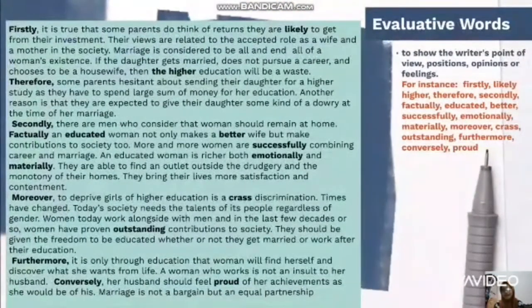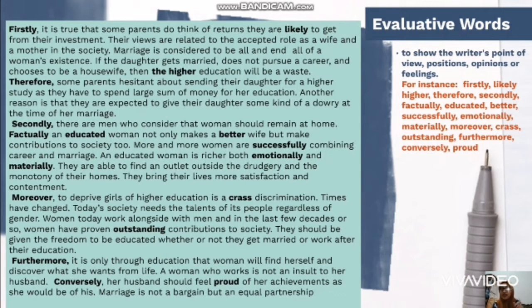Alright, let's move into the evaluative words. Evaluative words, what are they used for? They are used to show the writer's point of view, positions, opinions, or feelings.